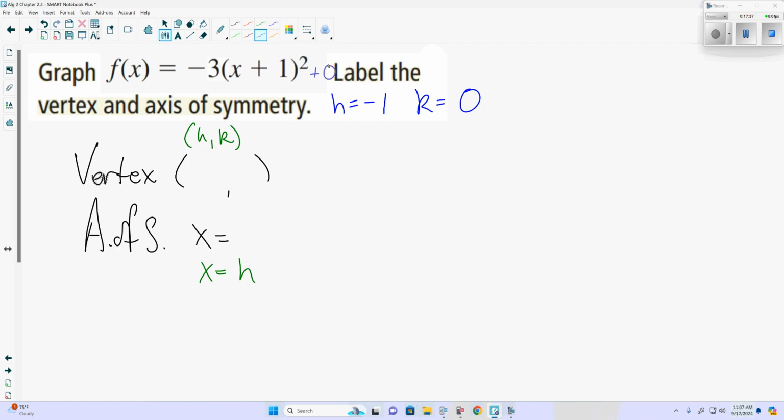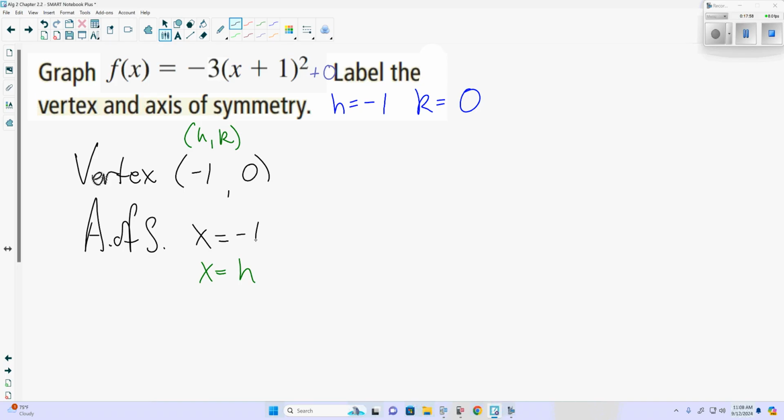Nothing added or subtracted outside, k is 0. So here, h comma k would be -1 comma 0. Axis of symmetry, x equals -1.